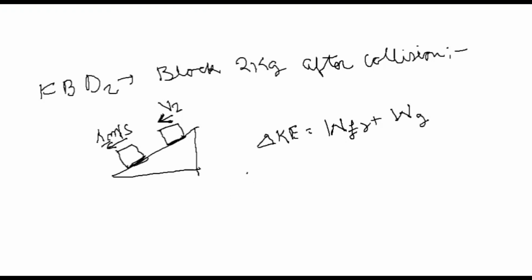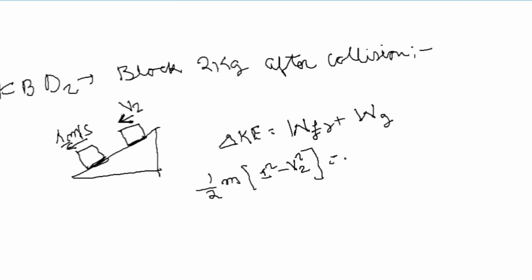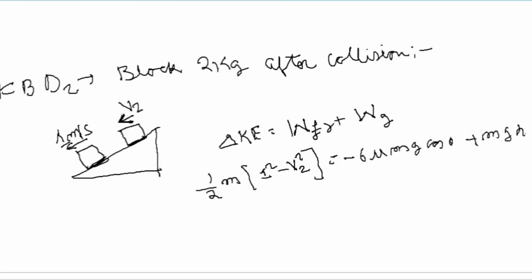Now delta KE in this case will be half into small m into final velocity square minus initial velocity square, which should be given as again minus 6 into mu into m into g into cos theta plus m into g into h1.